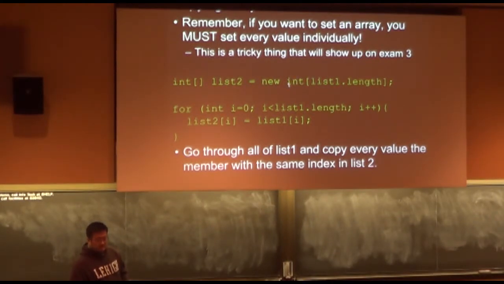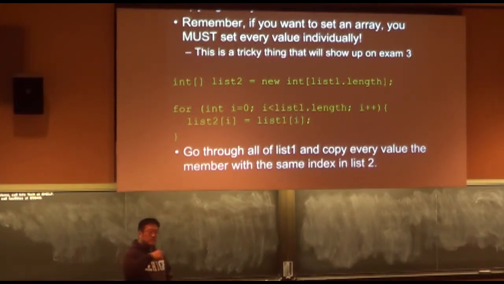And that just basically declares it and allocates a space in memory that's equal to the same length as list1. And then I'll have a for loop, or any loop, whatever, where I assign list2 sub i equal to list1 sub i. I take every member of list2 and I assign it equal to the corresponding member of list1. And that will create me a new, totally independent array.